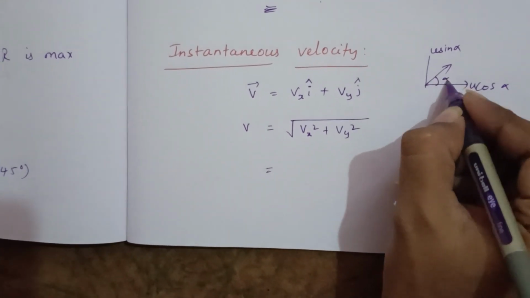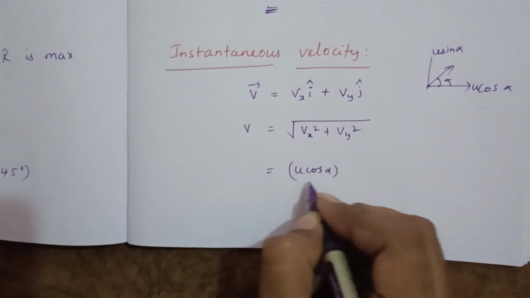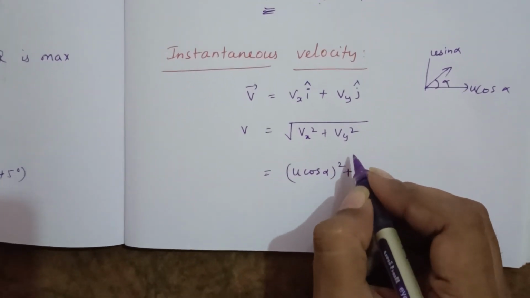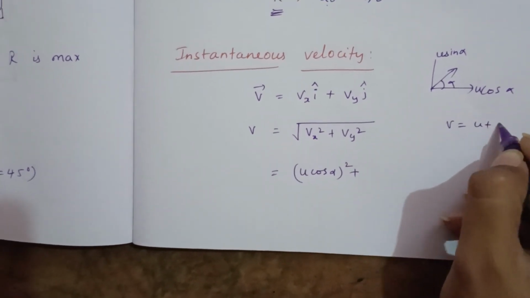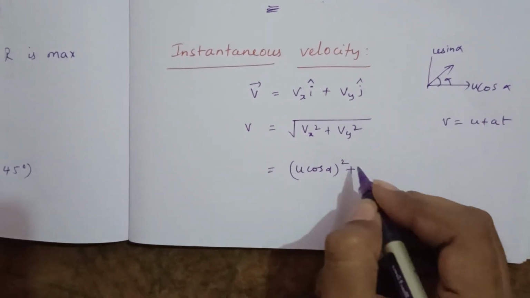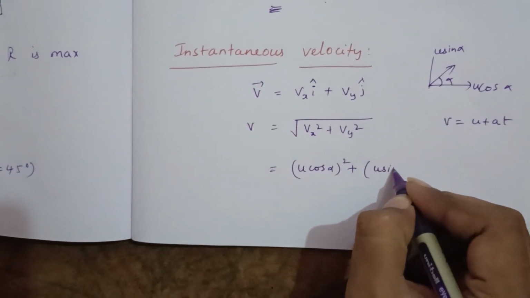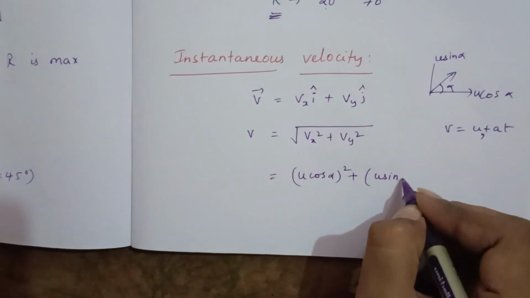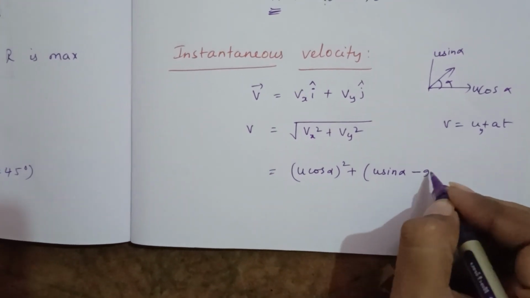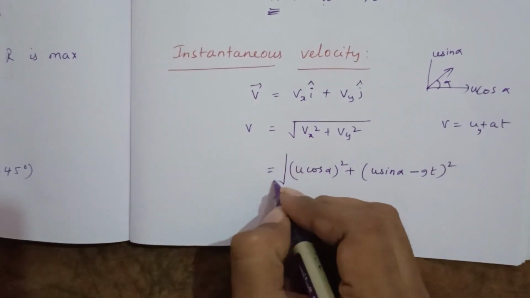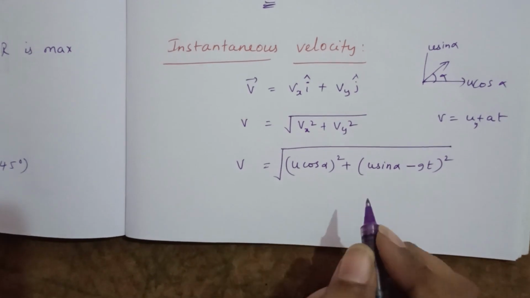So (u cos alpha) square plus, for the vertical component, it is not constant, so we will use v equal to u plus at. So vy square equals (u sin alpha minus g t) square. This is the instantaneous velocity.